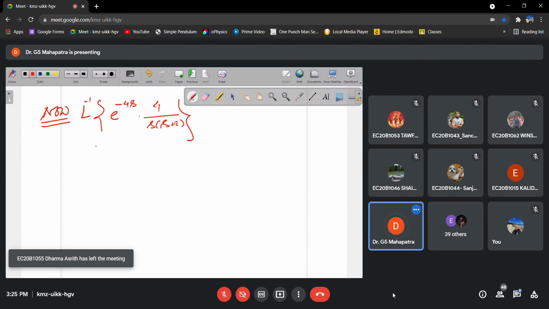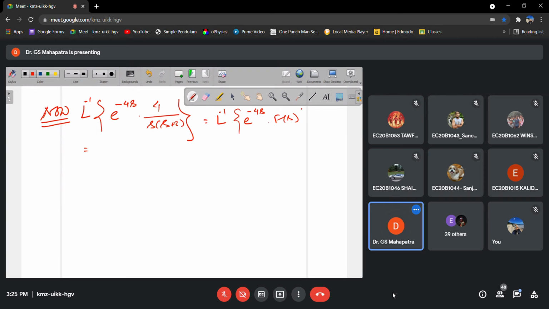This one I will write once again: the Laplace inverse transform of e to the power minus 4s into capital F of s. Now you tell me, what is the answer of this underlined one? Using SST, the second shift theorem.